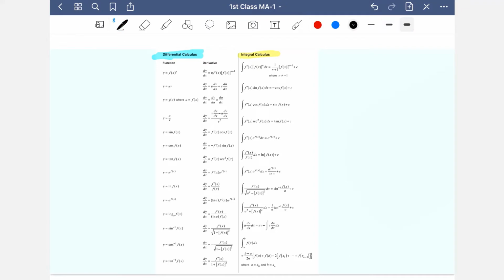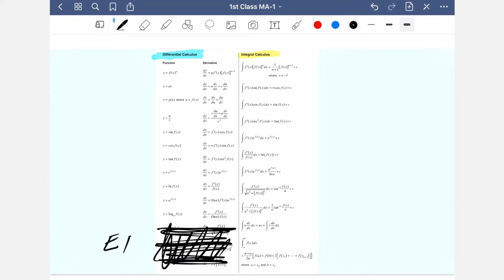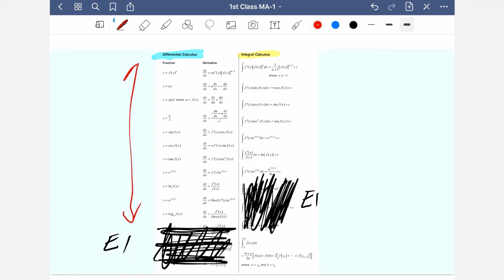Quite obviously, these three formulas over here on the bottom are for E1 students, extension 1 students. And the same on the other side, these three formulas over here are for E1 students. Apart from that, all of these formulas come into play for us.